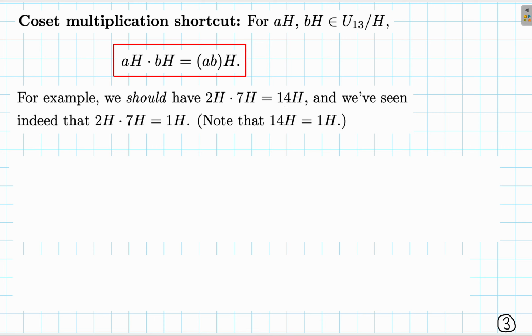And we've seen, in fact, that 2H times 7H is equal to 1H. And notice that 14H is the same as 1H because these coset representatives, 14 and 1, are elements of U13. And so when we reduce 14 mod 13, we get 1. And so the calculation we did earlier in today's lesson is consistent with the coset multiplication shortcut.